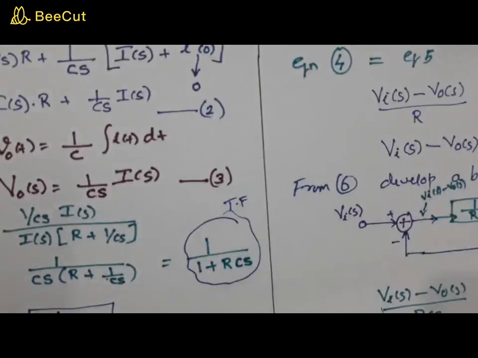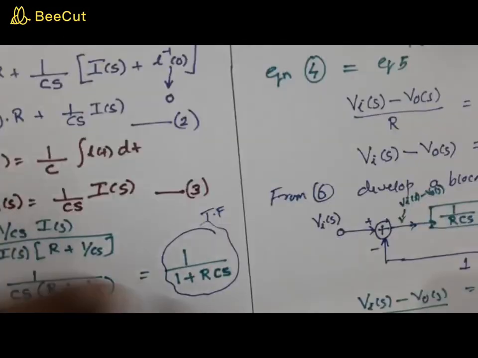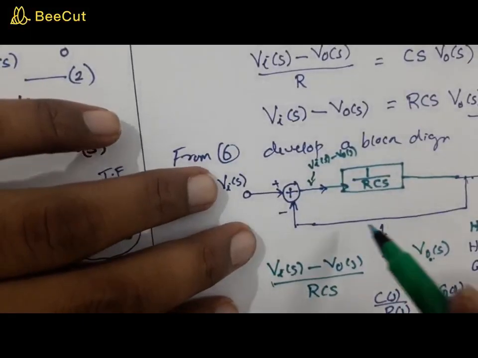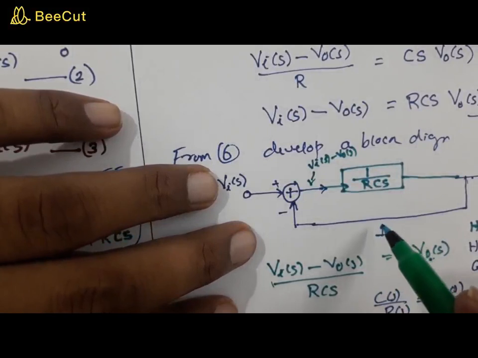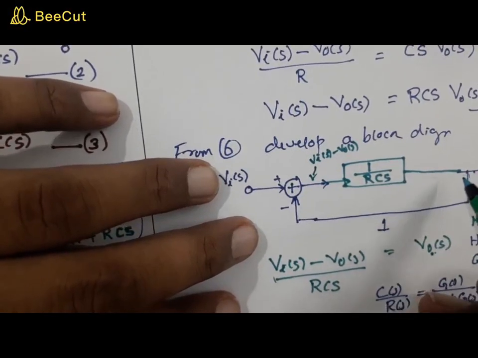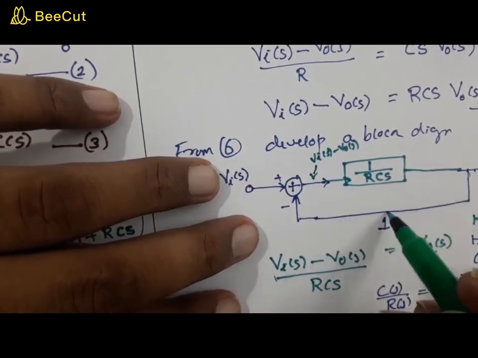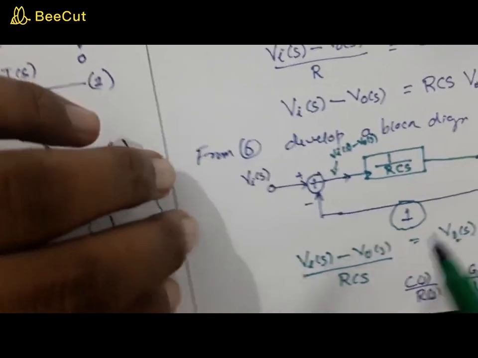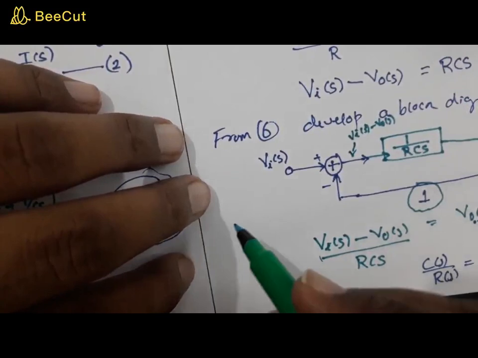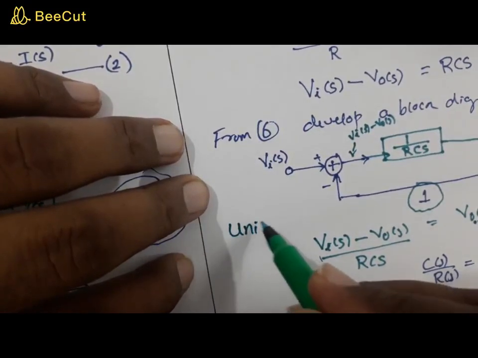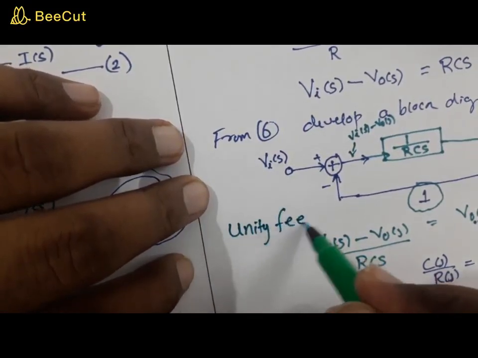And one more speciality I want you to notice, just study it from now on itself, that is, there is no gain. I mean, the gain is actually 1. That is, in the feedback path, the gain is equal to 1. Such a system with unity gain is called a unity feedback system.